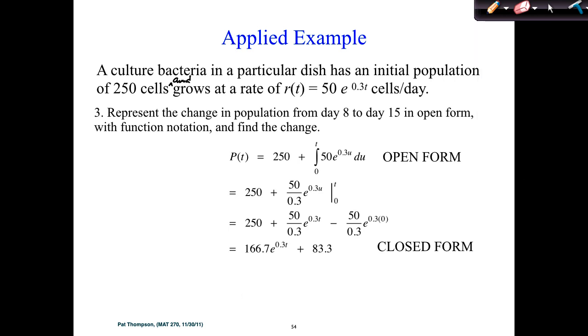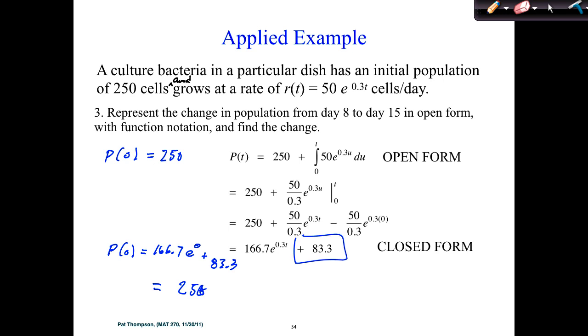In open form, what is P of 0? In open form, what's P of 0? 250. It's the starting population. In closed form, what's P of 0? It would be 166.7 e to the 0 plus 83.3, which equals 250. P of 0 is 250. But that's not the constant in closed form.